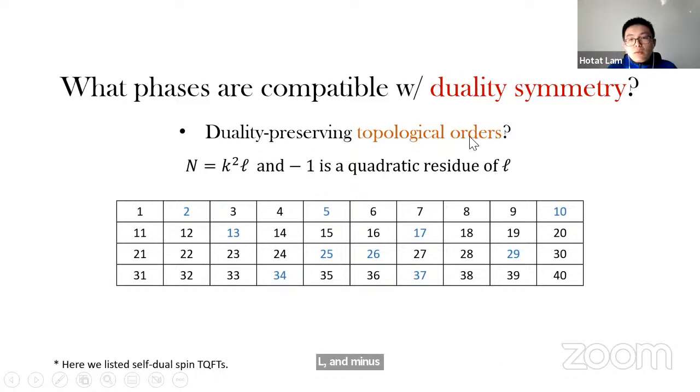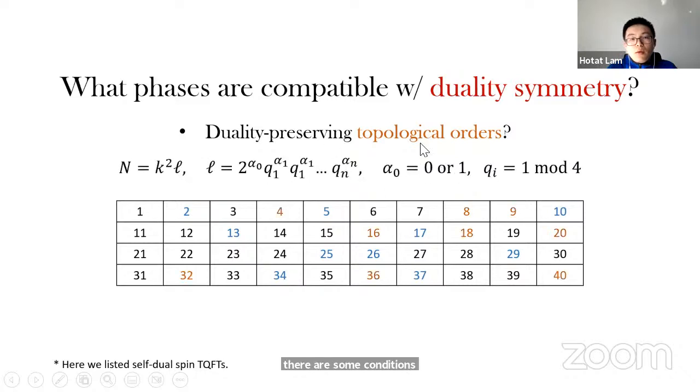So I already mentioned that there are some conditions for -1 to be a quadratic residue of L, and now we can just plug in these conditions and check what are the possible n's that admit duality preserving topological orders. So these are the orange numbers that I've listed here. So here we see that the minimal n such that duality preserving topological order exists is n equals 4.